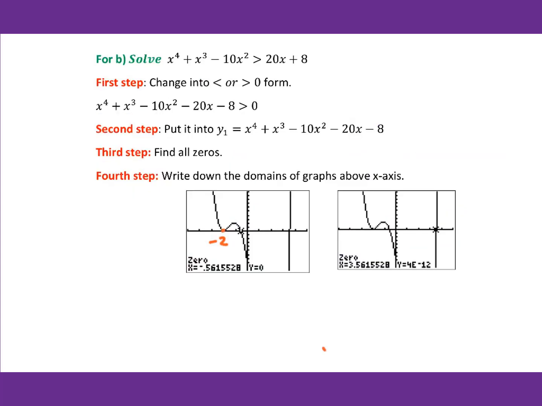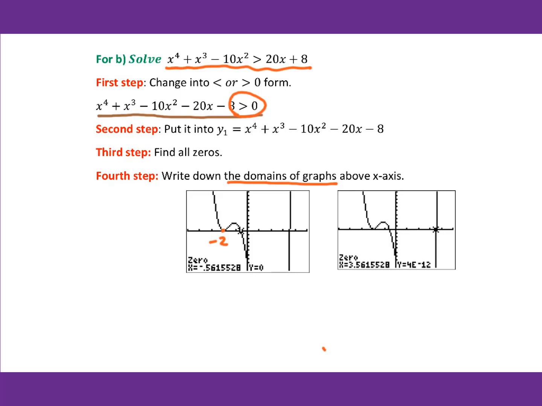For solving the inequality for this one, we still put it into the graphing calculator and get all zeros. Find all zeros no matter whether they are irrational or rational solutions. Since I'm looking for greater than 0, that means we need to get the domain of the graph above the x-axis.